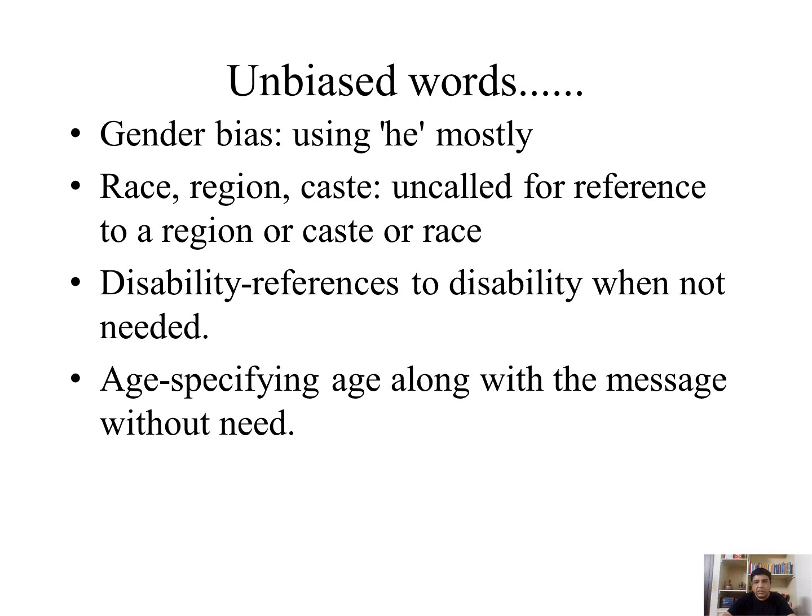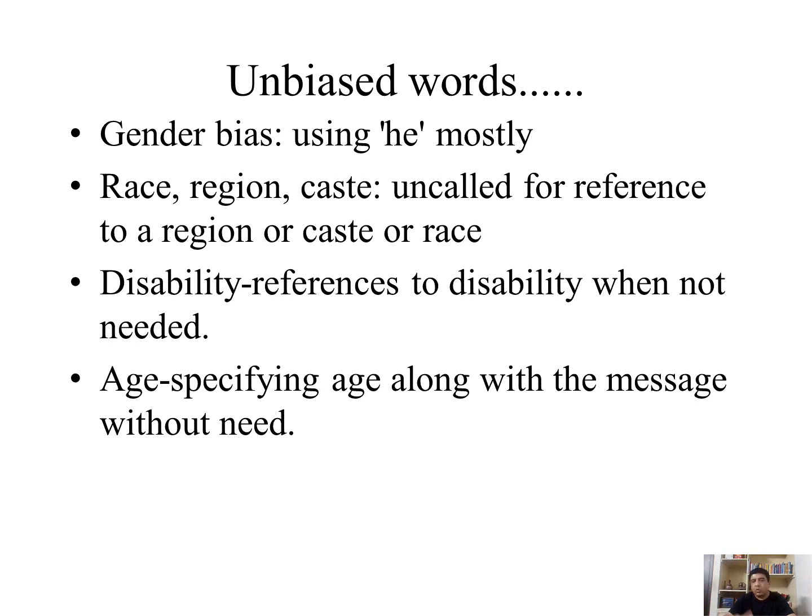Just like other biases, age bias is also not a very good idea. So specifying somebody's age along with the message when it is not required is never good. For example, if you say that this young employee is creating nuisance at work, it might imply that this employee is creating nuisance because he is young.